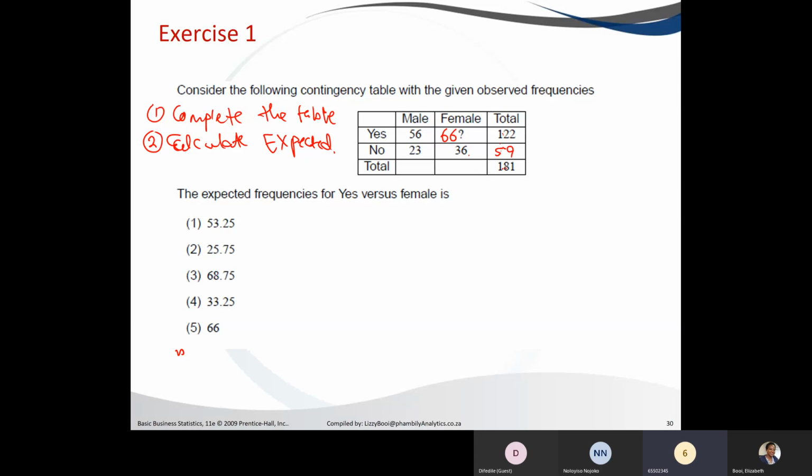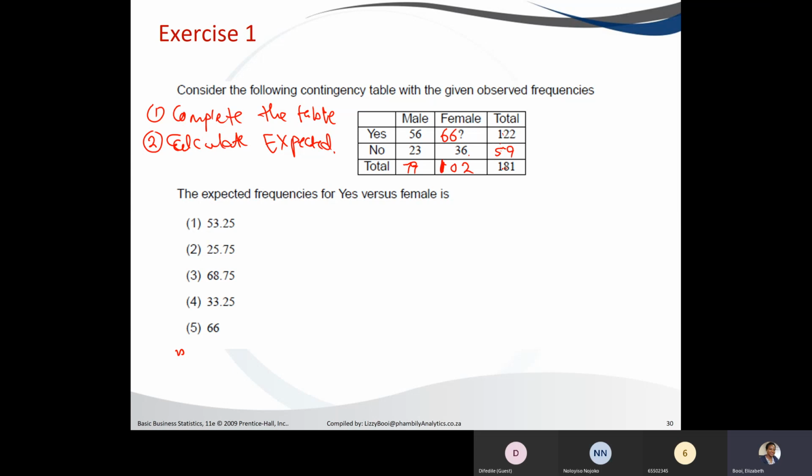It's 79. And total for female. It's 102.